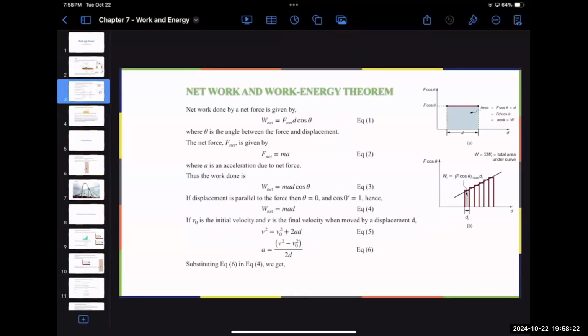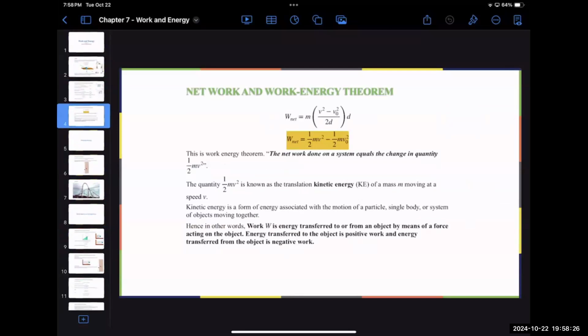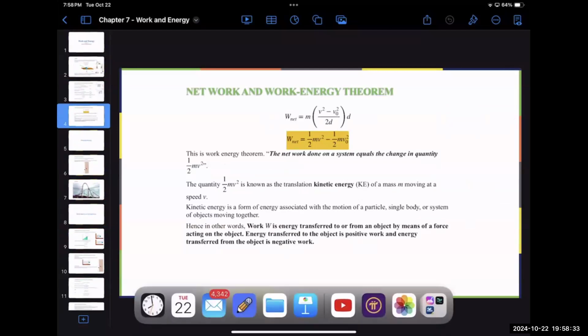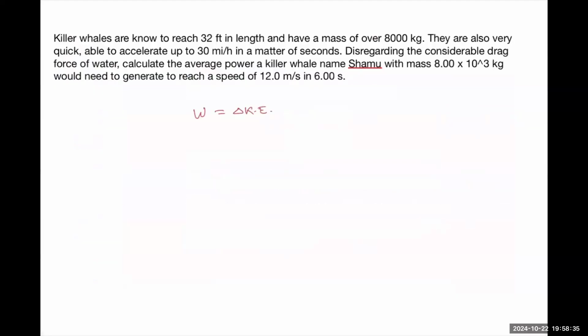We did this area under the curve, rectangle, and we figured out this energy work done is the change in kinetic energy, right? So my work is half m v squared, and it said, calculate the power needed for the killer whale named Shamu with mass 8,000 kilogram to reach a speed of 12 meter per second in 6 seconds.